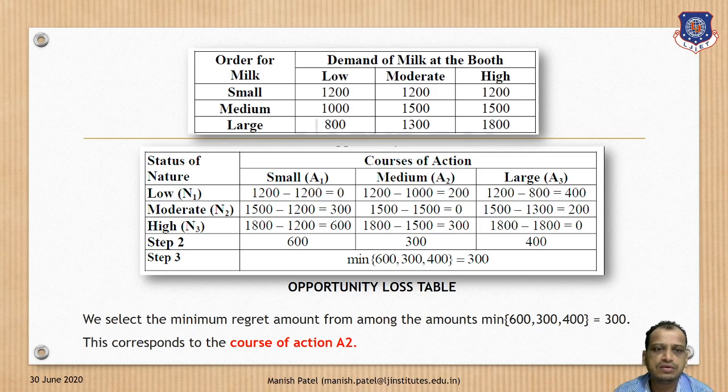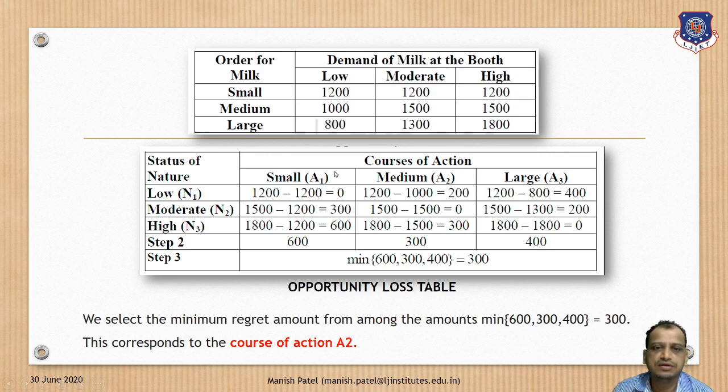Here you have written all these matrices: 1200, 1200 and 1200. Out of all this, for the small, medium and large orders, with demand low, moderate, high, you write down the maximum values: 1200, 1500 and 1800.